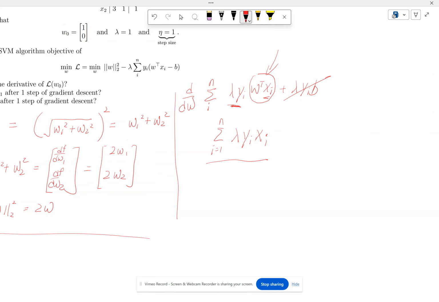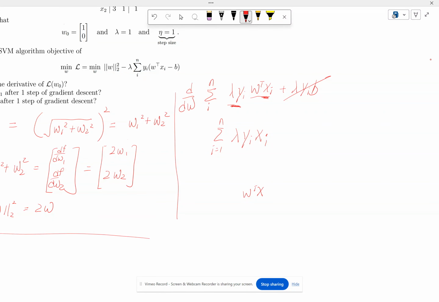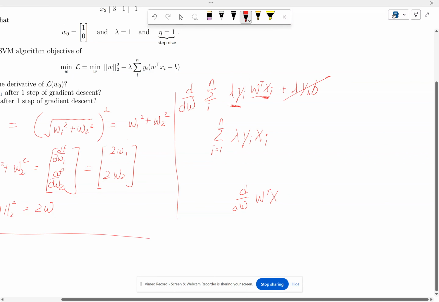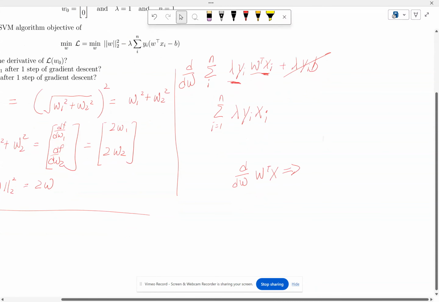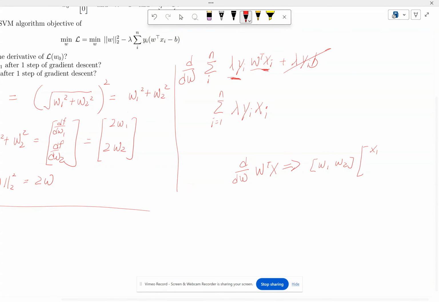Now, for those of you that didn't remember how we did this: if you have w transpose xi, in general, if you have some vector times x and you want to take the derivative with respect to w, you can see this as w1, w2 times x1, x2, and this becomes w1 x1 plus w2 x2.